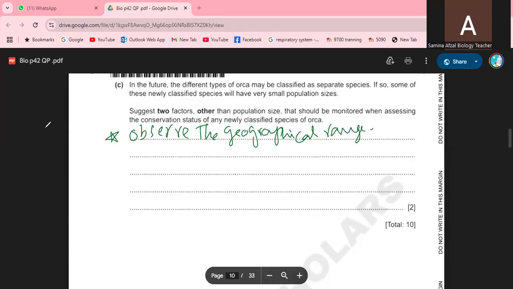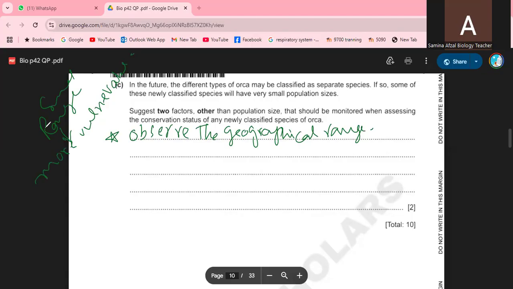A small range means more vulnerable, more danger of becoming extinct.